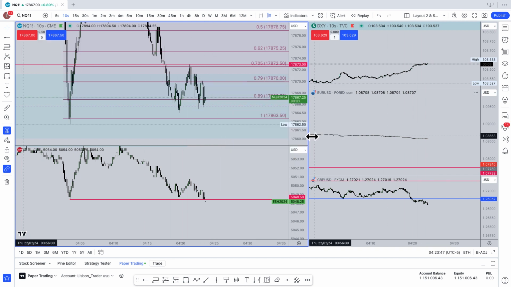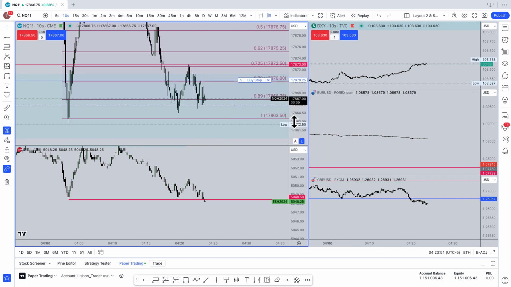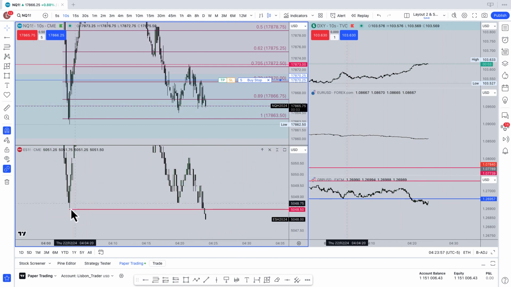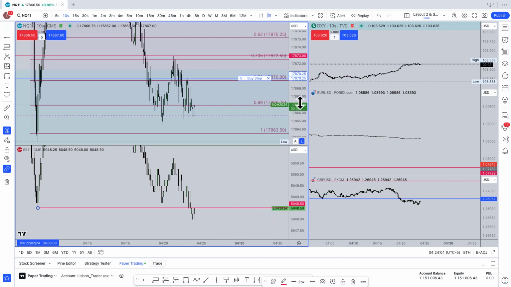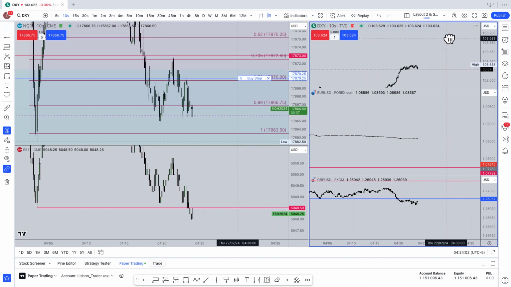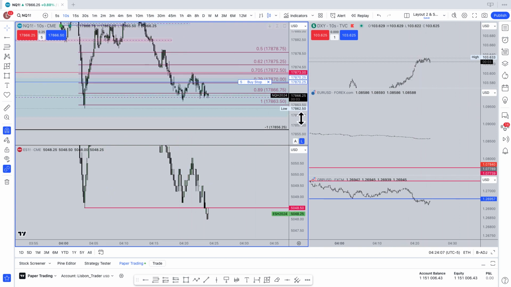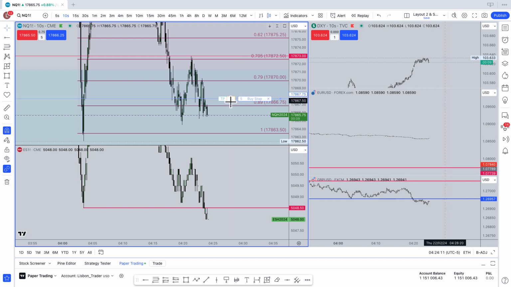I want to see NQ respond higher now. So yes, just made the low. I want to see a SMT divergence here while the DXY push lower, and want to enter on this candle, and stop goes below here.